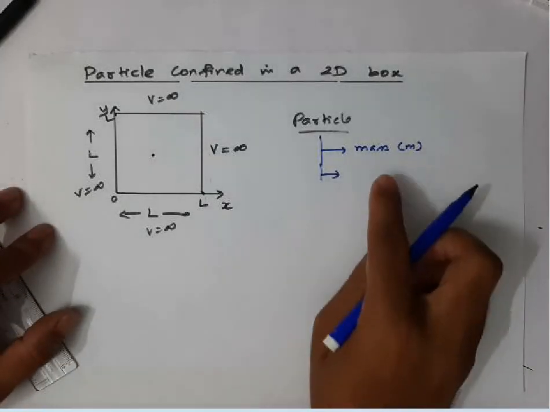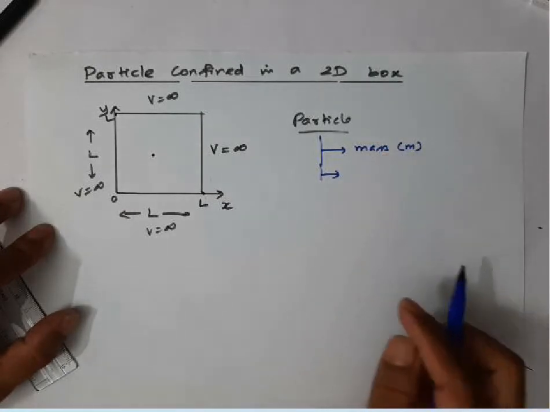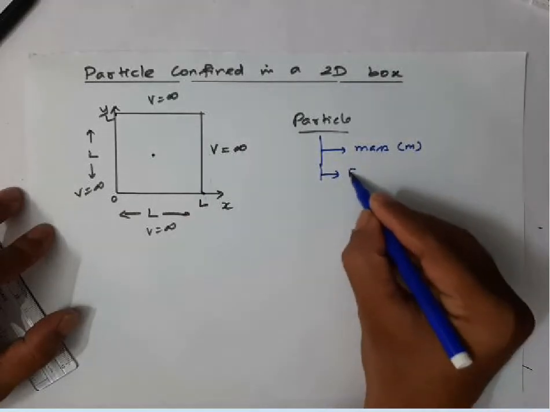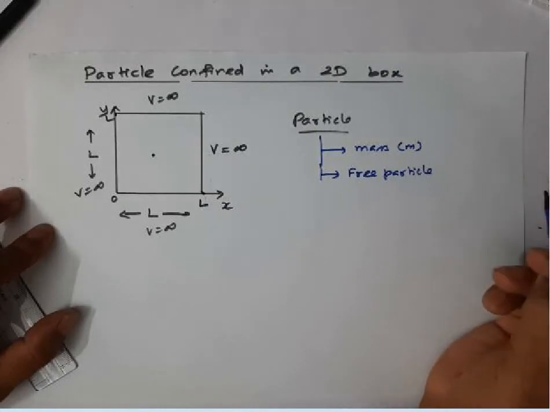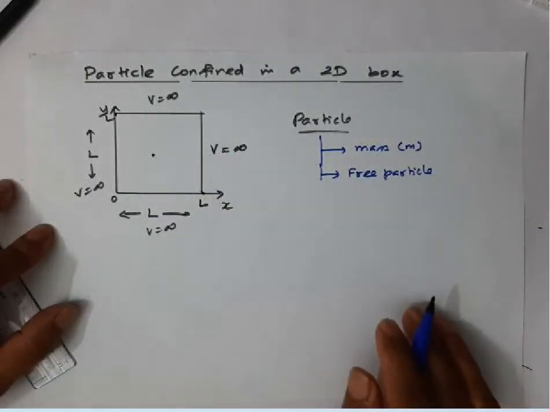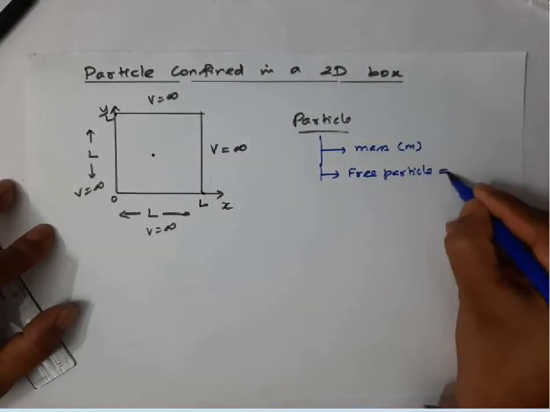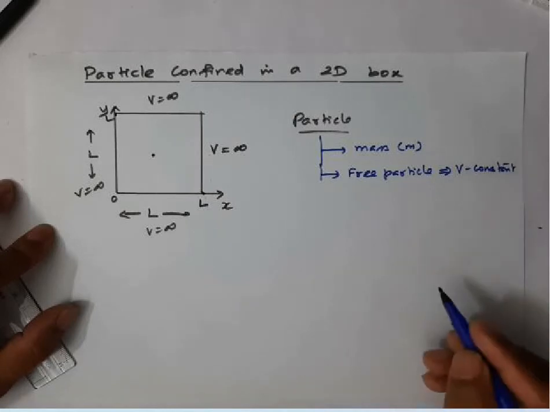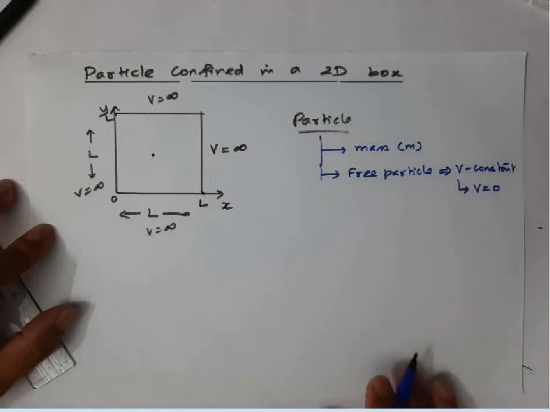Then I am also assuming the particle is a free particle. You know very well, free particle means there is no external force acting on the particle. Since the particle is a free particle, you can say that potential energy is constant. For our convenience, you can also assume the potential energy as 0.